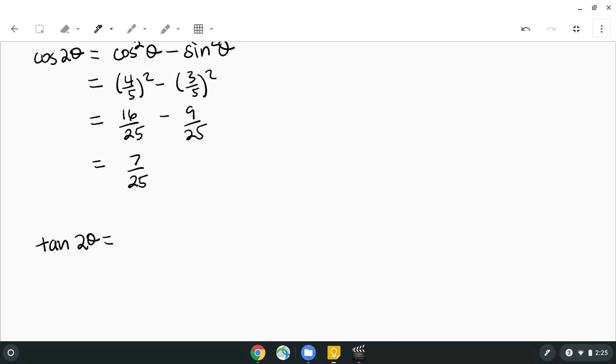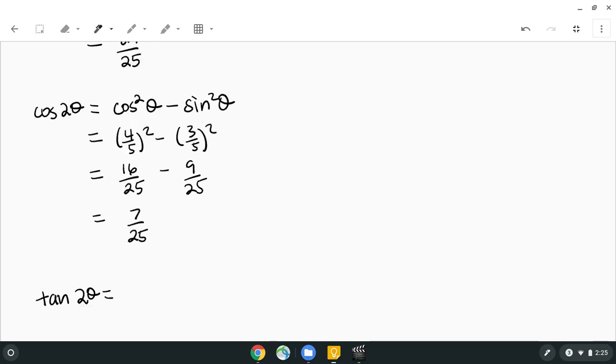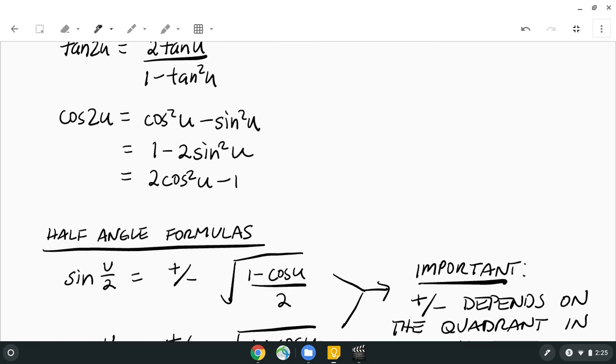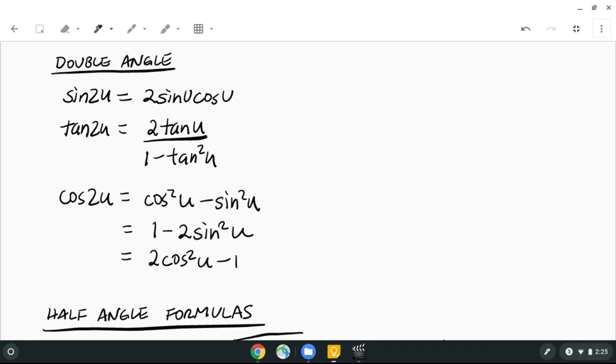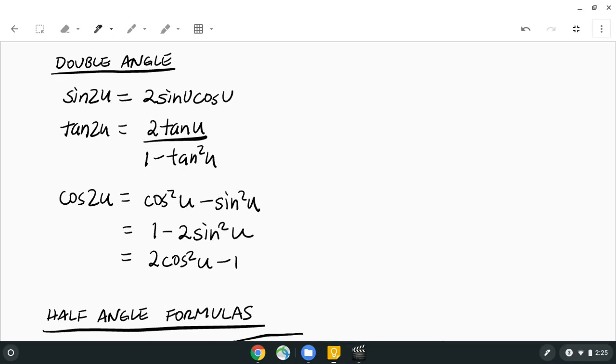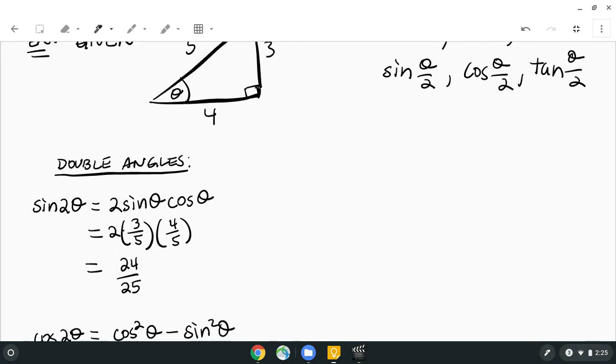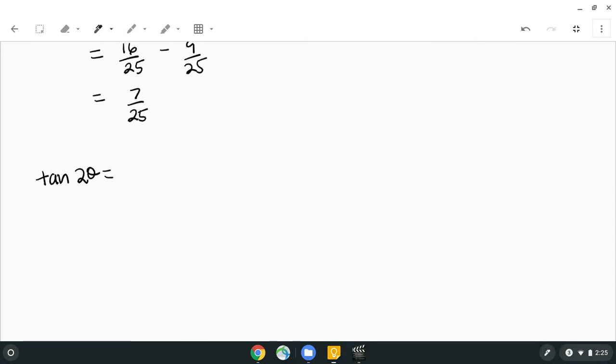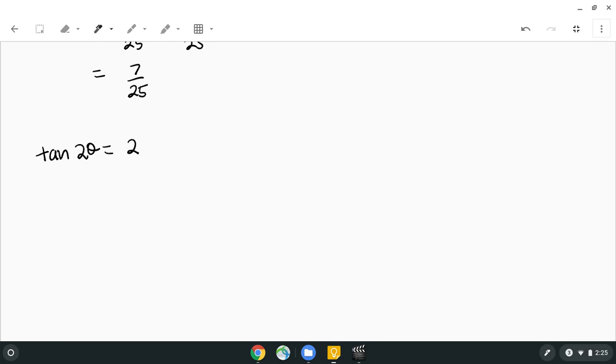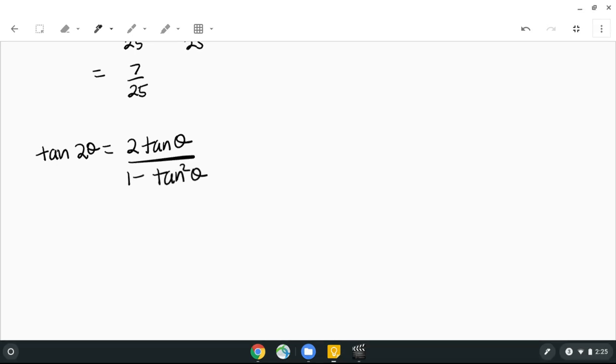I'll just use the 2 tangent over 1 minus tangent squared formula, since we just have the one.